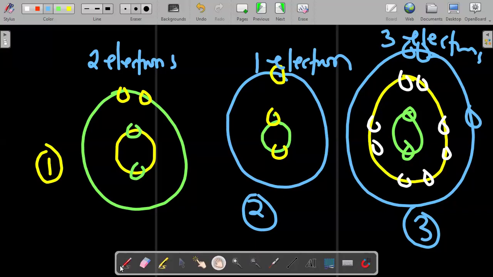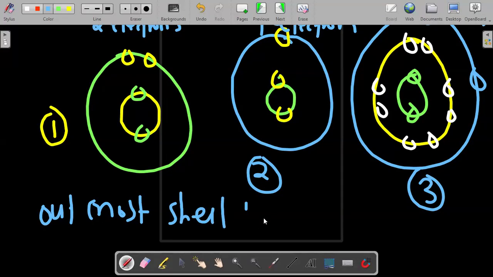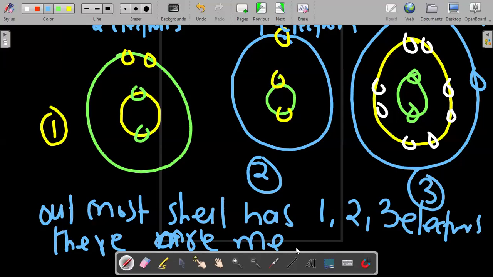So in the course of arrangement, anytime you arrange an element and the outermost shell has 1, 2, or 3 electrons, we call them metals.